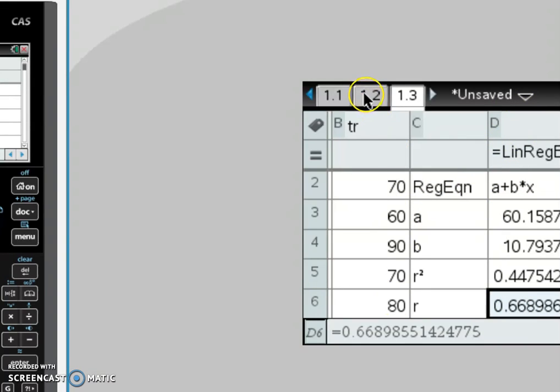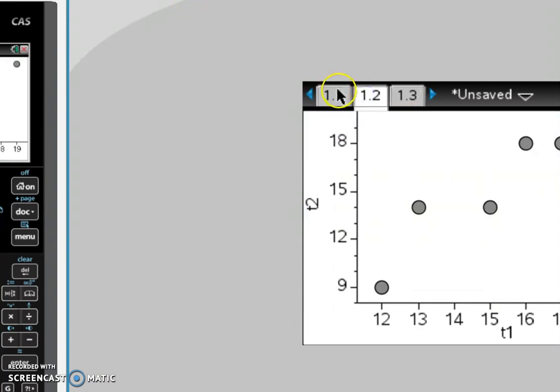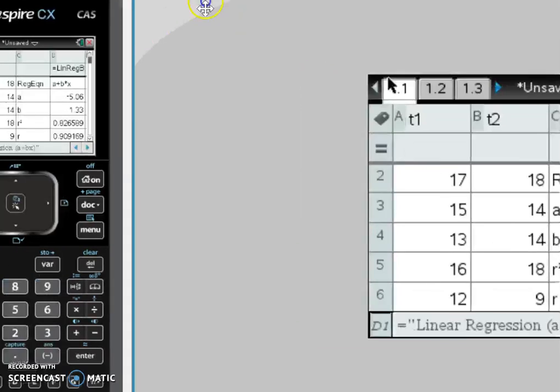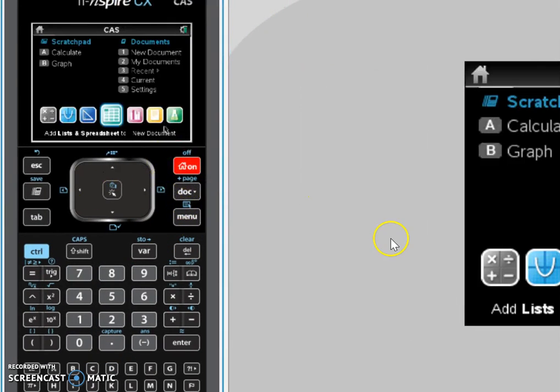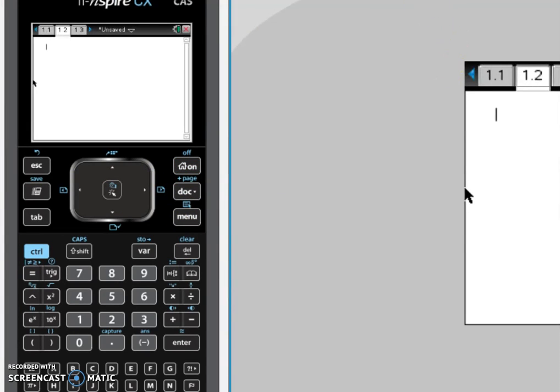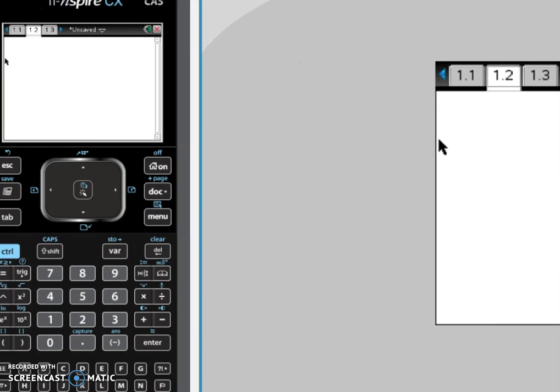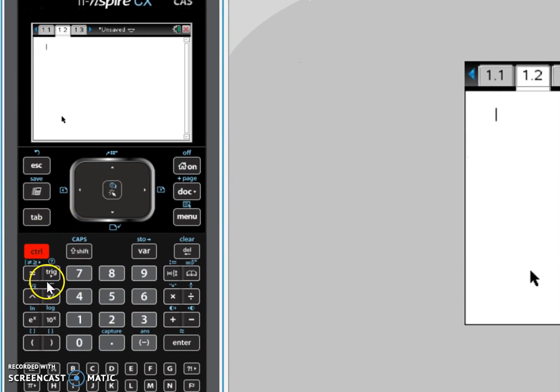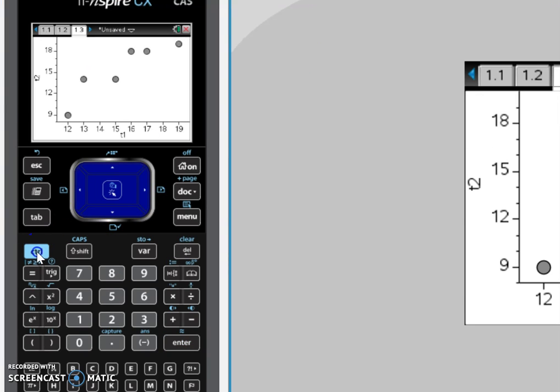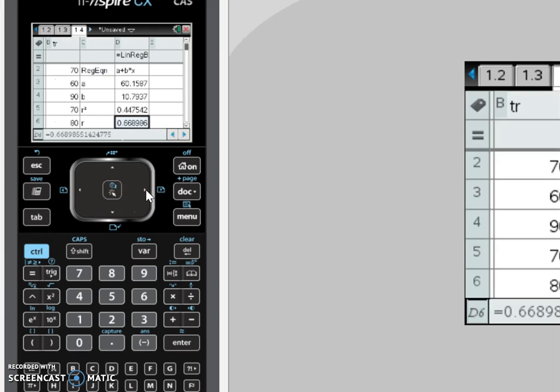Okay, you could also, let's just do it in a calculator page. So if I go into Home and Calculator, if you knew that your R squared value is 0.45, then what you can do is take the square root of that R squared value, and that will give you R. So 0.45, okay, that gives me 0.67, which should be close to what my spreadsheet gives me.